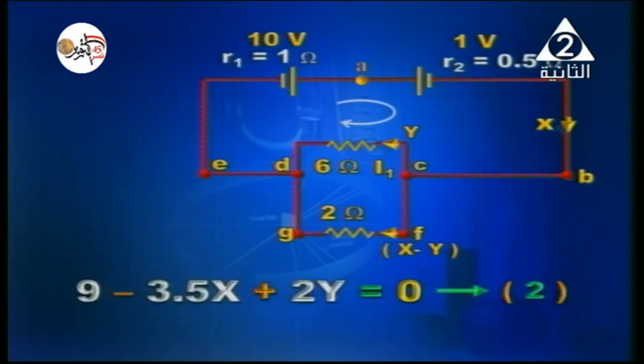This can be simplified into 9 minus 3.5x plus 2y is equal to 0. This is the second equation.